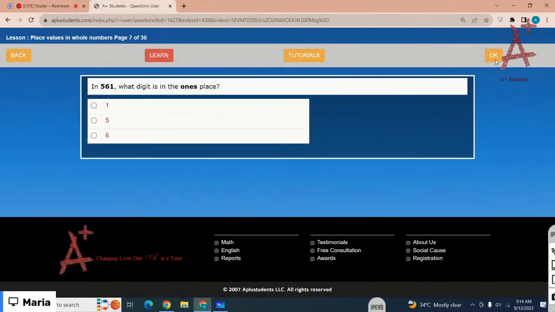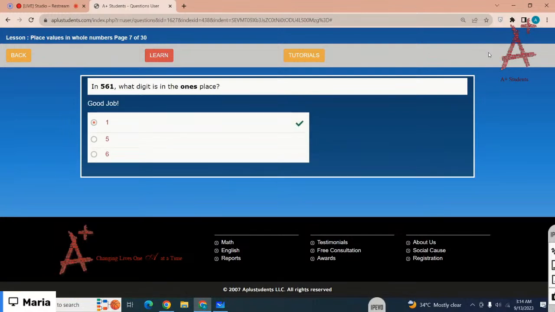In 561, what digit is in the ones place? Which is the correct option? Yes, 1 is at the ones place. The rightmost digit is always at the ones position. The rightmost digit is 1, so 1 is at the ones place.